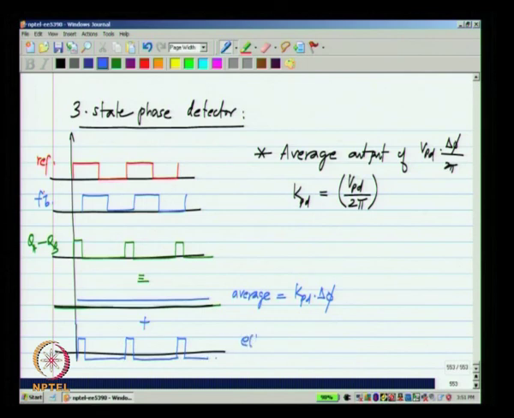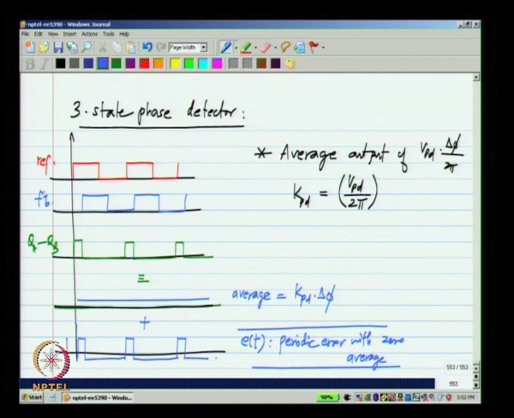Okay. I will call this the error signal, periodic error with 0 average. Okay. And the peak to peak value of this will be VPD. Okay. The average value will be 0.